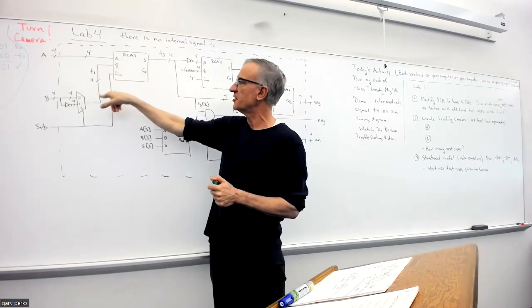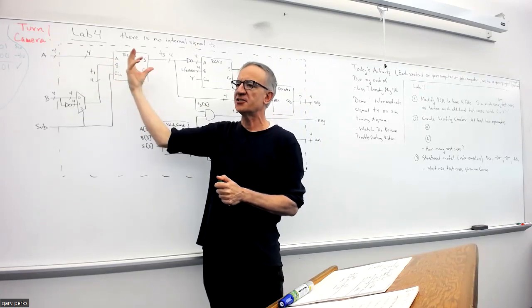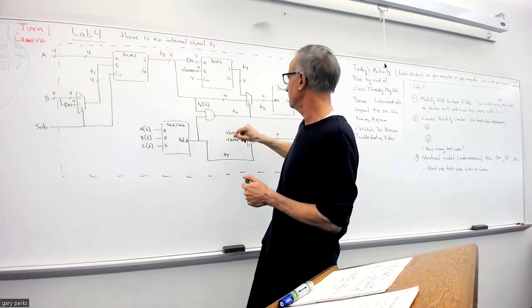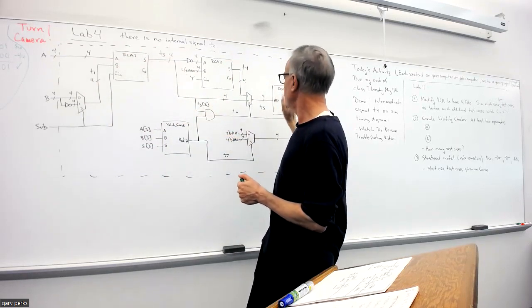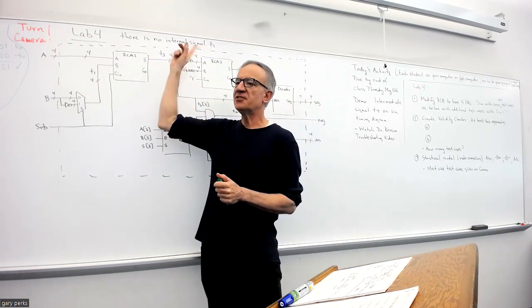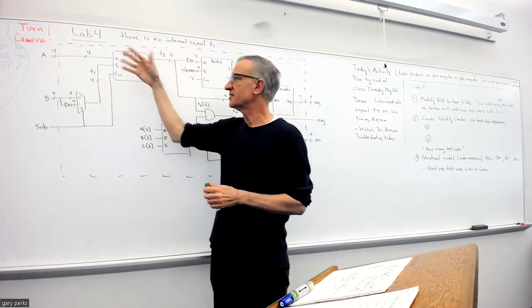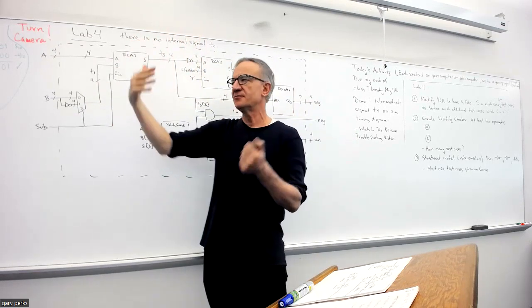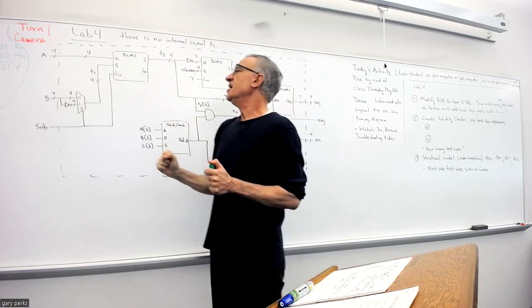Remember, internal signals are what we declare in order to make connections between the lower level modules. So there's a T1, a T3, T4, T5, T6, T7, but there's no T2. I'll explain why in a little bit, but I wanted to point that out because usually if I don't, people will say, hey, there's no T2.